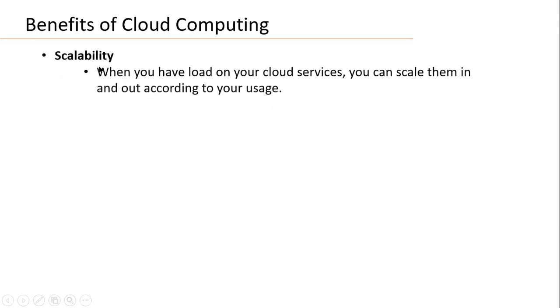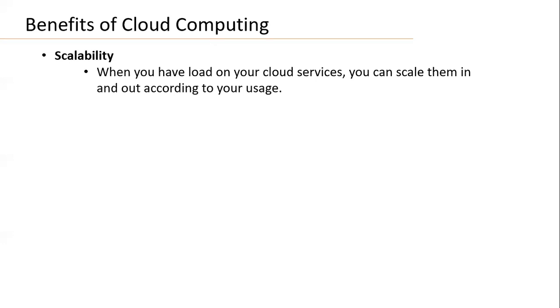In the same way, scalability benefits are there. At any time, we can increase the resources here. Scalability. Scalability means what? Today I'm using one server with 32 GB RAM.